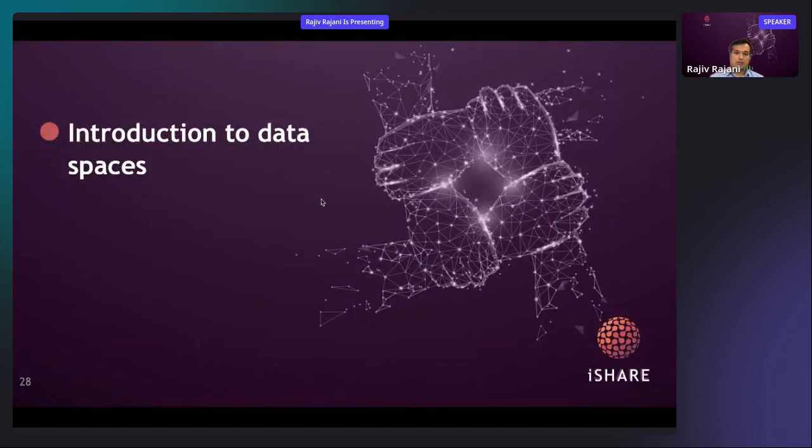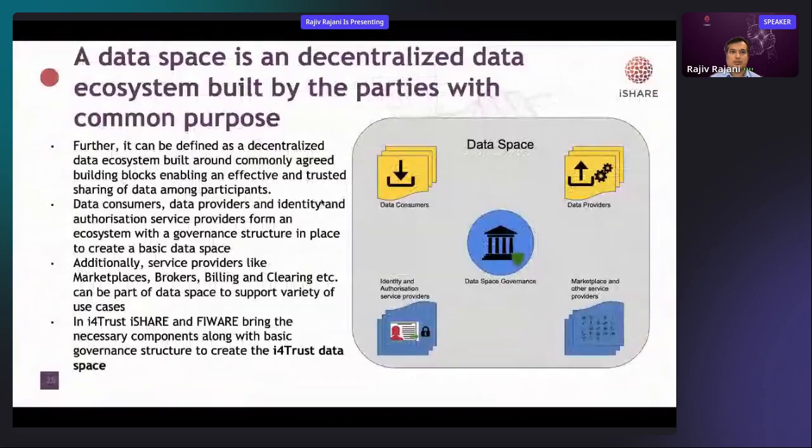And now I'm going to briefly introduce to you the concept of the data space. So what is a data space? A data space is a decentralized data ecosystem built by parties with a common purpose, right?